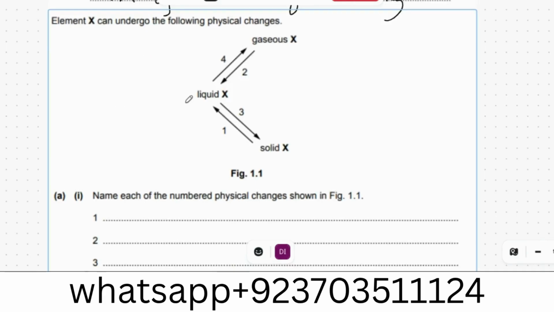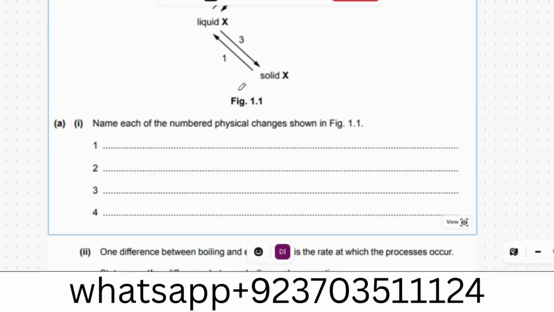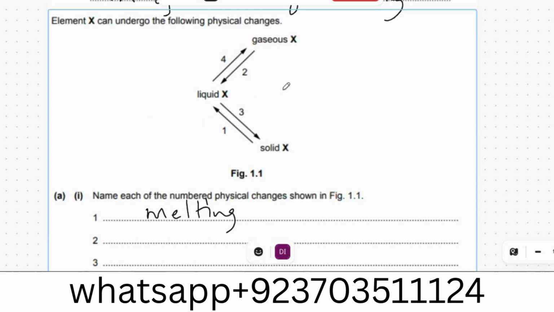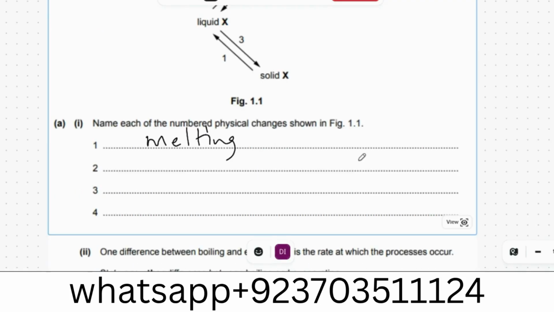Now, element X undergoes the following physical changes. Name each of them. From solid to liquid, that is called melting. That is one mark for that, I think. Two is from gas to liquid, that is condensing.